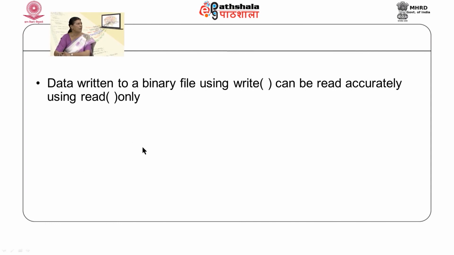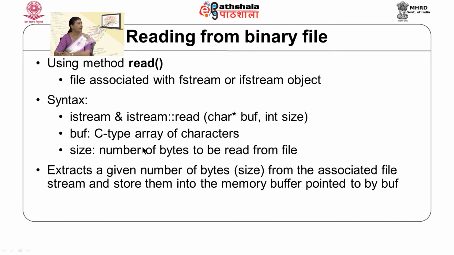So, let us see now how to read the data from the binary file. To read the data from the binary file, we use read method, and here the file should be associated with either fstream or ifstream object. The syntax is very similar to write, the only thing is it is the method of istream class and it returns the reference to the istream, but otherwise both the parameters are very similar to the parameters in the write method.